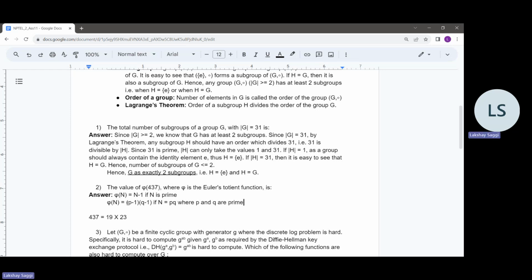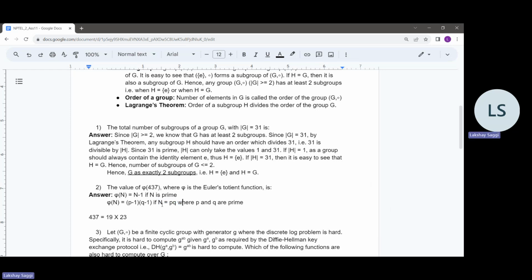Note that to calculate the value of phi of n, if n is prime, then this value is just n minus 1. And if n is a product of two primes p and q, then phi of n is p minus 1 times q minus 1. There may be cases where n is not prime and cannot be written as pq, let's say 7 times 11 times 13.